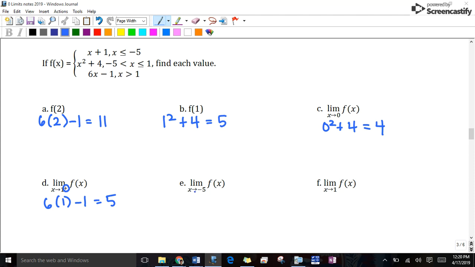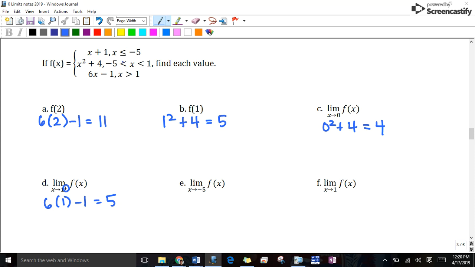Okay, how about moving on to x approaching -5? Now, -5, if you look at your inequalities, is both a part of the first piece, the first inequality, and the second. So again, we have to think about sides. The first piece would represent the left side. The second piece would represent the right side. And if I'm doing a two-sided limit, a normal one, I need to think about both.